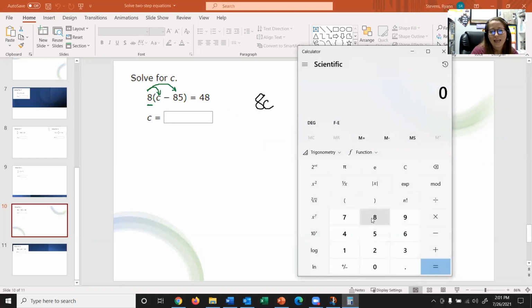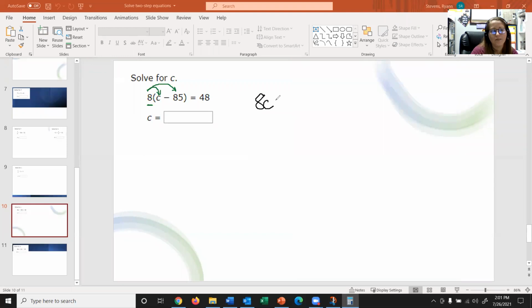We could say that 8 times negative 85 will give you a negative 680. And then the 48 is going to stay the same. We don't have to distribute anything to the 48. It's on the other side of the equal sign.